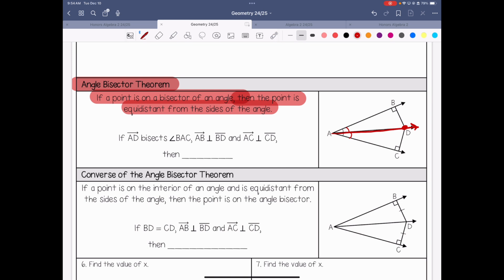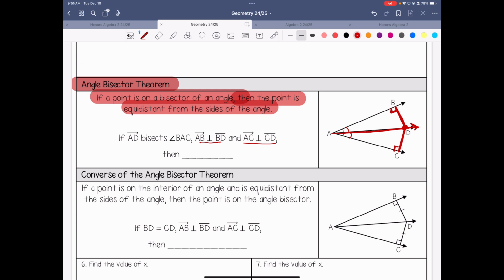If the distance from that point to the rays that make up the angle is perpendicular, so in this case, AB is perpendicular to BD, and AC is perpendicular to CD, and this is the whole key for this.